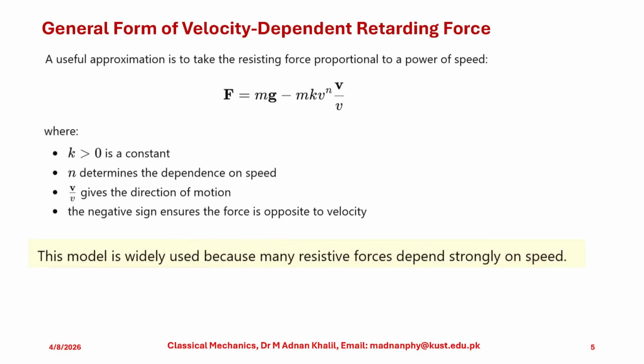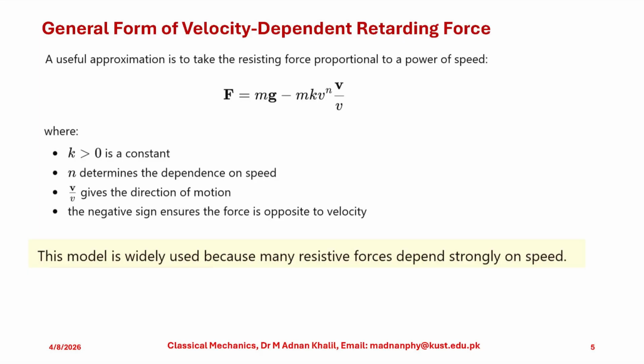Here we have given a general mathematical model for an object under the influence of a retarding force. The force is written in a form proportional to a power of the speed. Let us understand each term carefully. The constant k is a positive parameter that tells us how strong the resistance is.